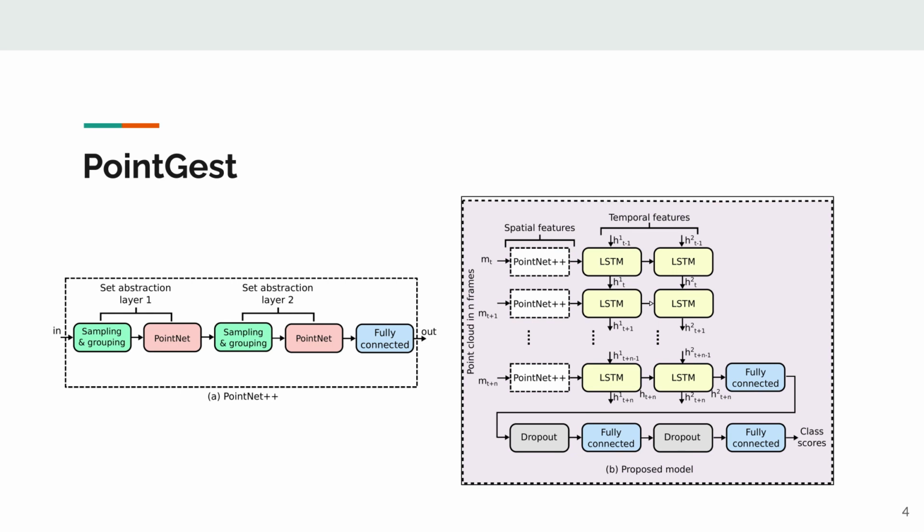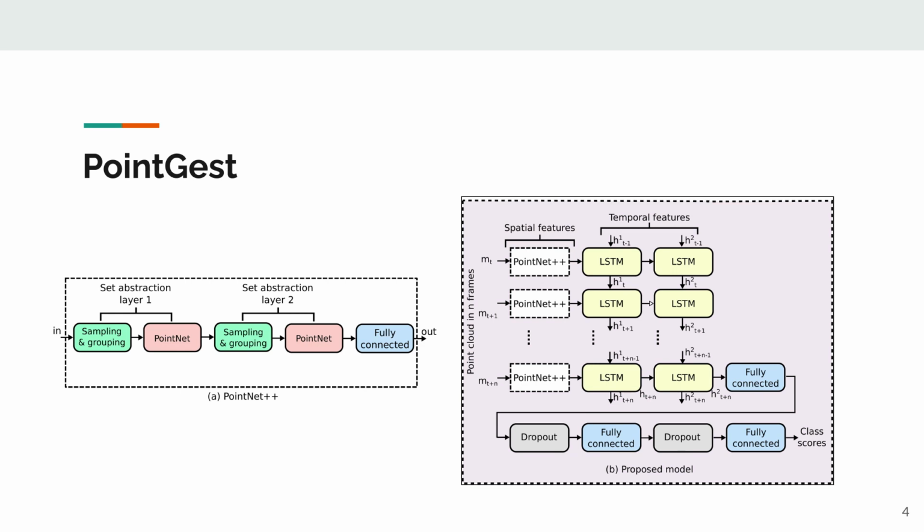The internal architecture of these PointNet++ blocks is shown in the left figure. These blocks have two set abstraction layers. Each set abstraction layer samples the points using the farthest point sampling algorithm, then utilizes the ball query algorithm to build the local regions. Finally, it uses PointNet components to reduce the number of points.